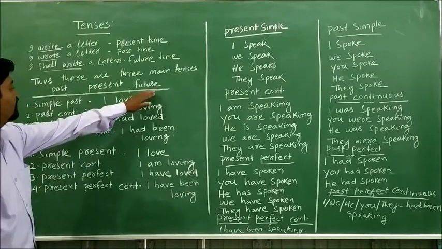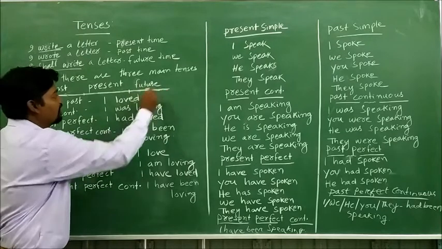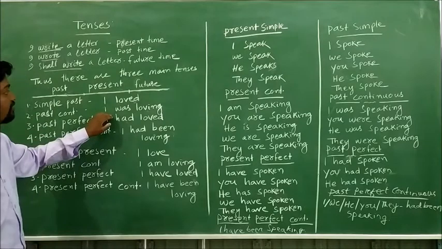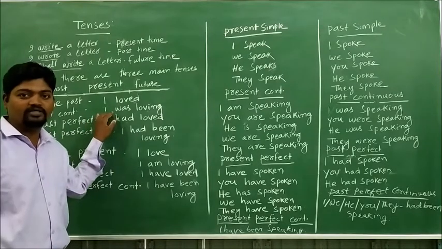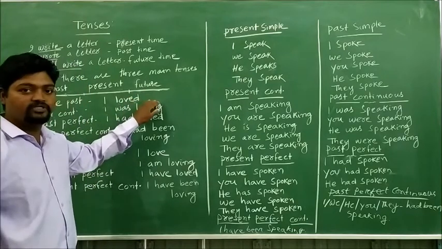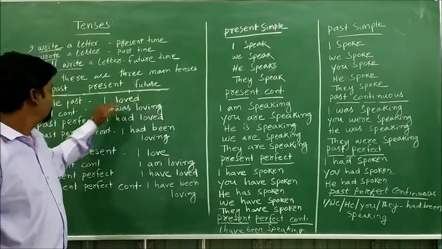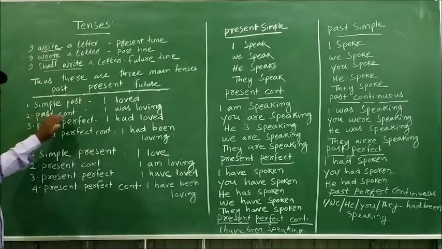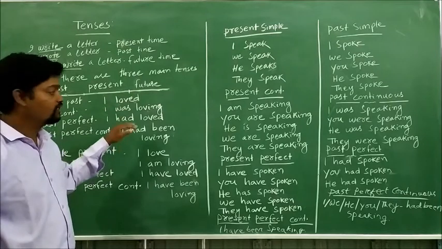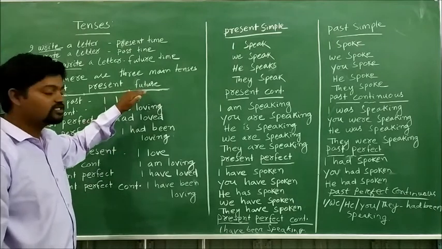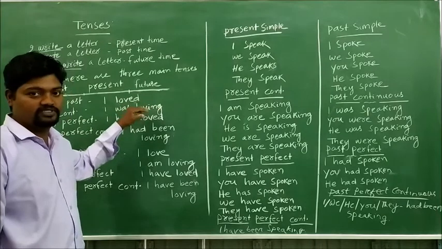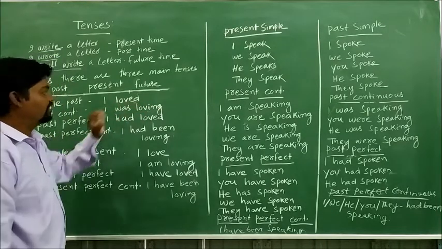In the same way, future tense. Simple future: I will love. Future continuous: I will be loving. Did you get me? Next, future perfect tense: I will have loved.